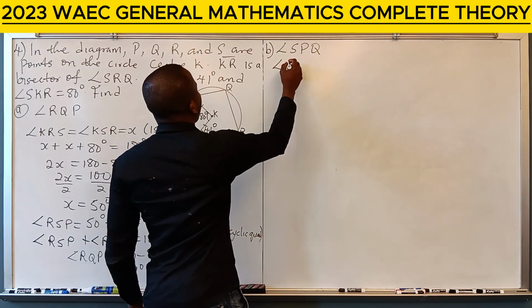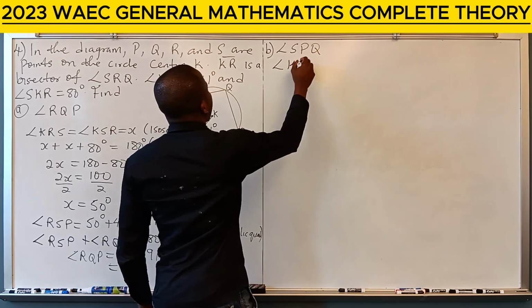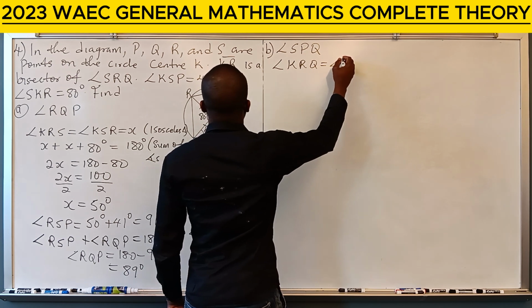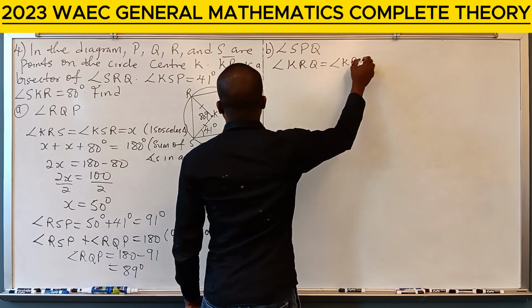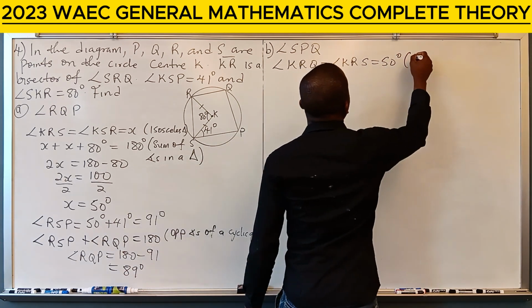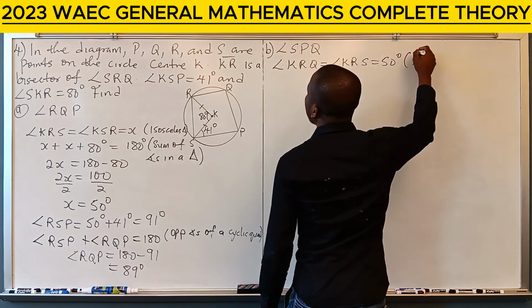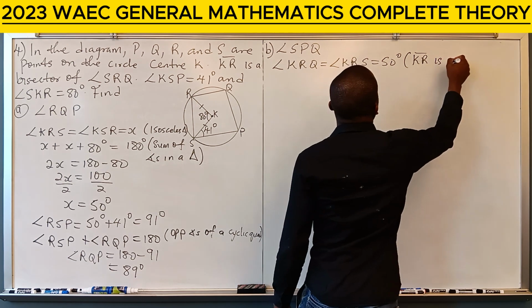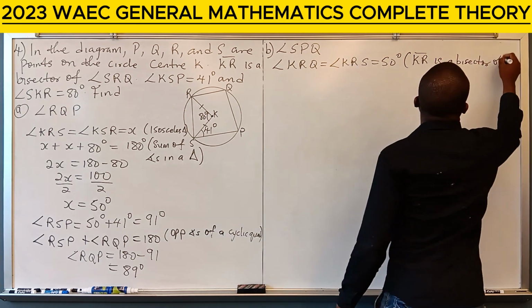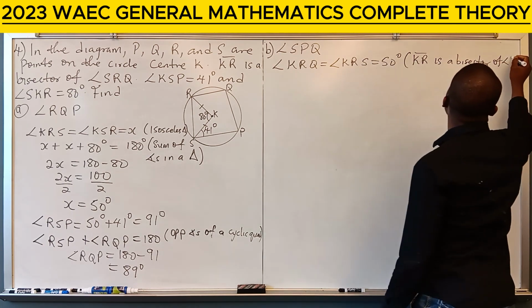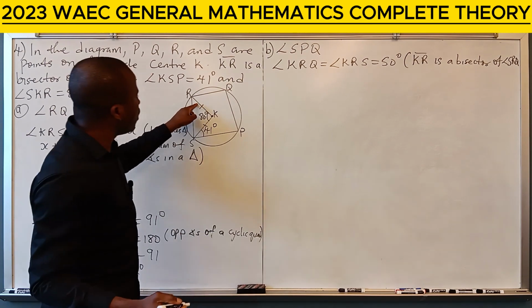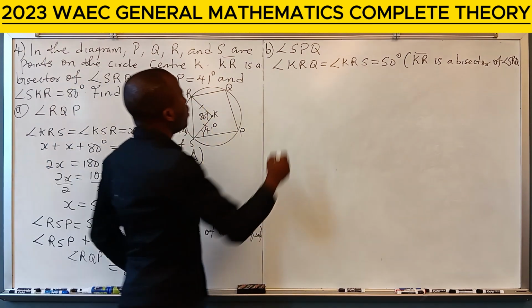So angle KRQ equals angle KRX equals 50 degrees. Reason is KR is a bisector of angle SRQ, XRQ. So since here is 50 degrees, here is also 50 degrees.